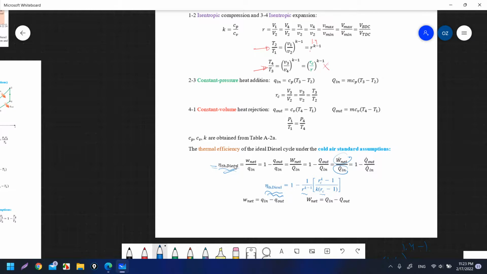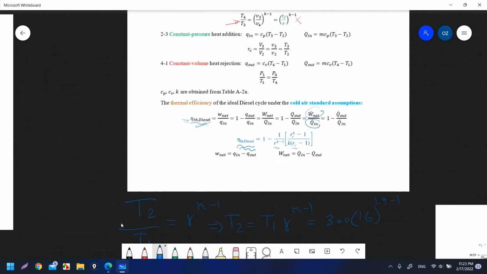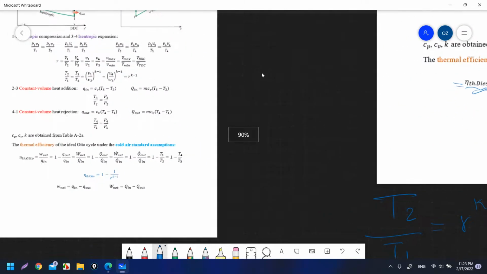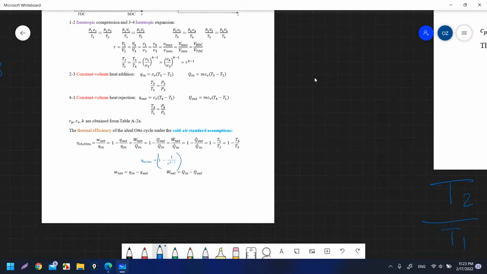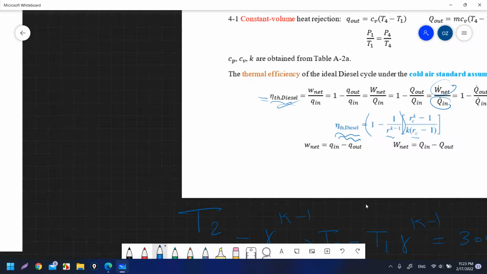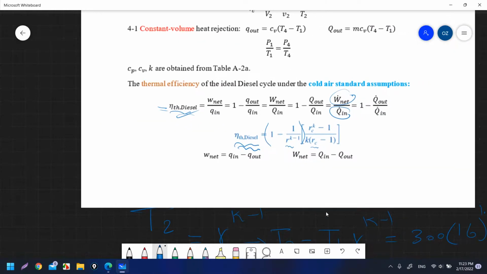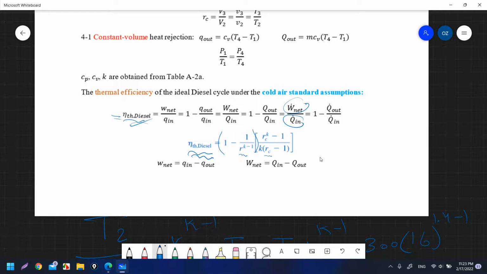If you remember the thermal efficiency of the Otto cycle under the cold air standard assumption, or constant specific heat, this was the term for the Otto cycle. It is the same term here in the diesel cycle, but it is multiplied by another term in the bracket. This term is always bigger than 1. We will not go into the derivation.